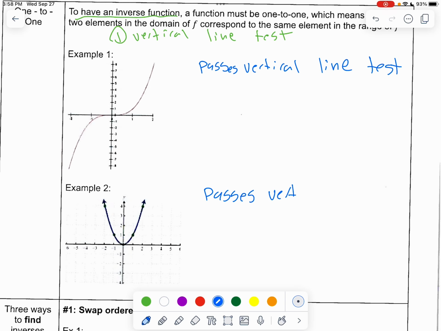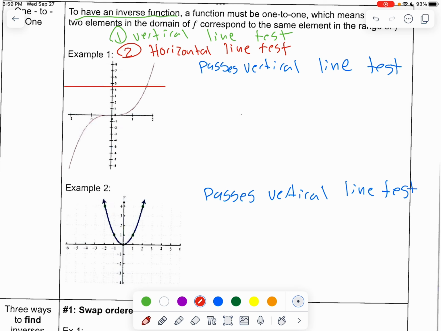Passes vertical line test. And then the follow-up to this is, does it pass the horizontal line test? Which is similar to the vertical line test, but draw a horizontal line on both of these.